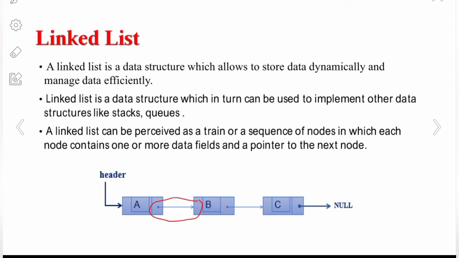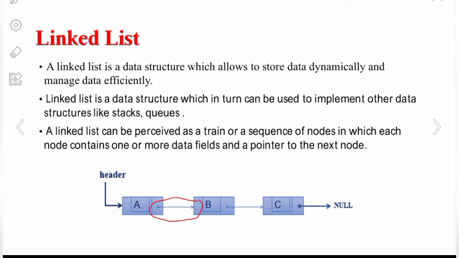So the starting of the linked list is pointed to by the header, and the ending of the linked list is denoted by the null pointer. Each node is connected to another node using the link or pointer.